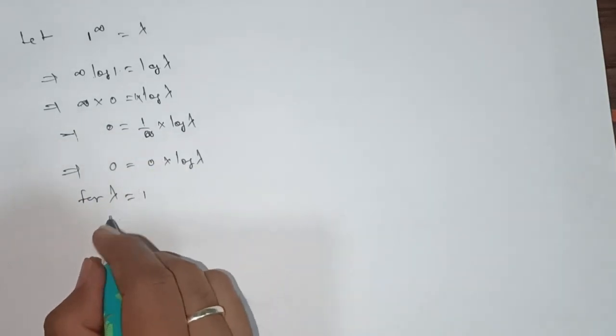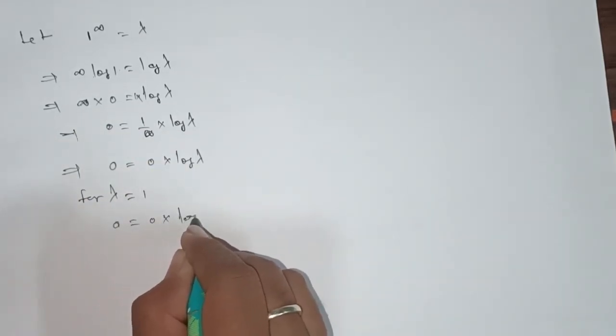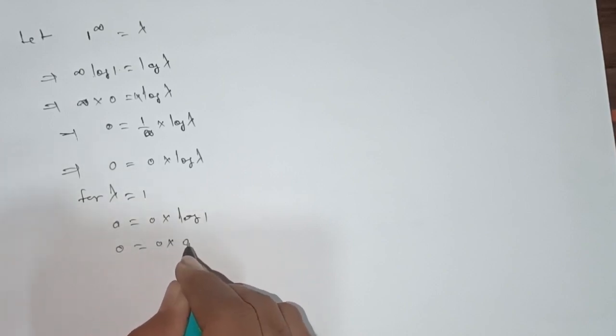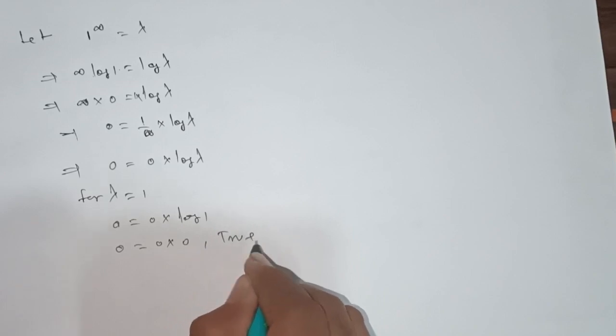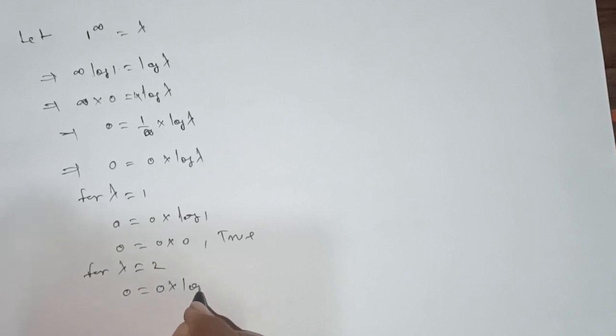For lambda equals 1, you get 0 equals 0 into log 1, that means 0 into 0, which is true. For lambda equals 2, 0 equals 0 into log 2, that means we are getting 0, which is also true.